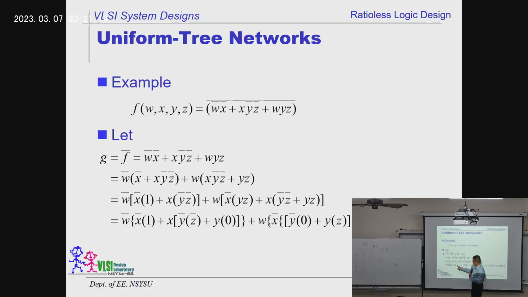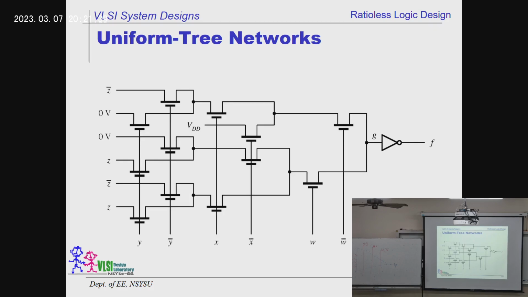This input will go through 3 transistors respectively controlled by Y bar, X, and W bar. That's how it works. So if you follow the uniform tree decomposition, you basically come up with a big triangle or big tree, and it will look like this. It's pretty and brilliant, very systematic.